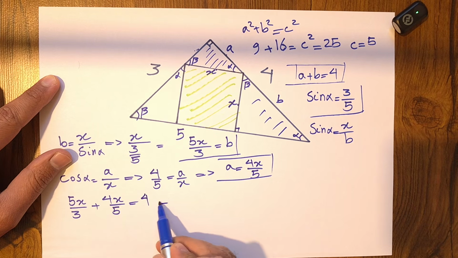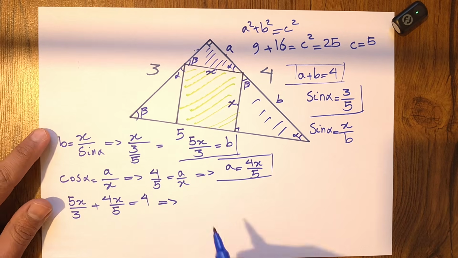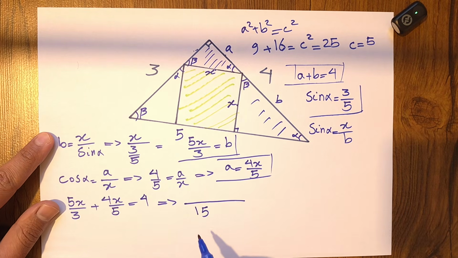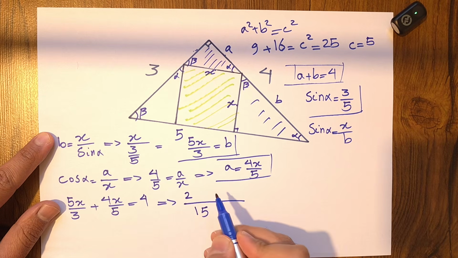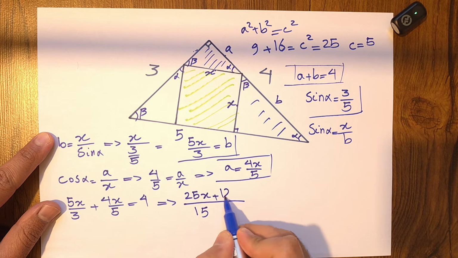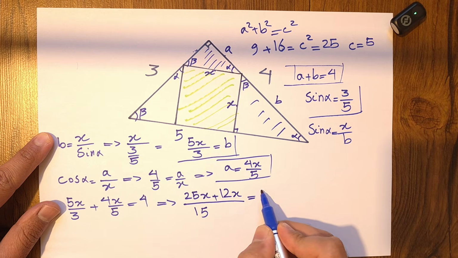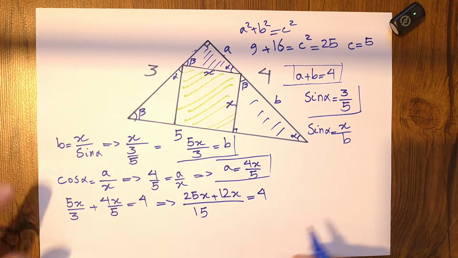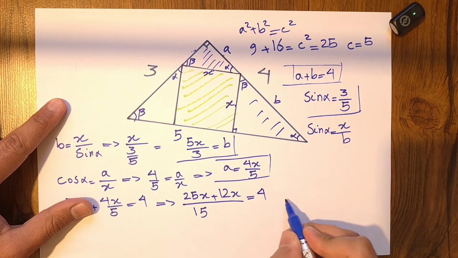Let's find a common denominator here. So that's 15. So let's just write it down. 25x plus 12x equals 4. So this upper side is 37x, and then we can cross multiply.